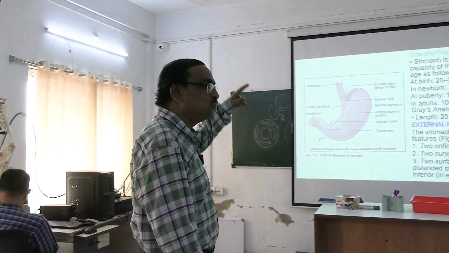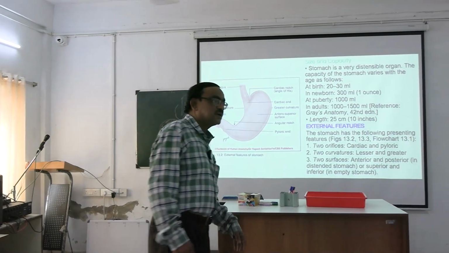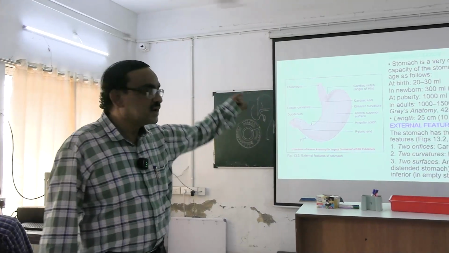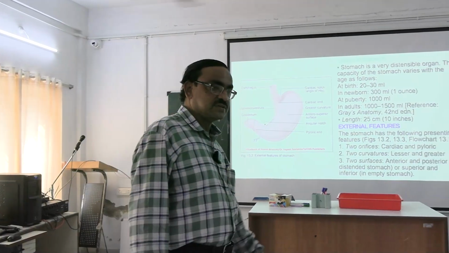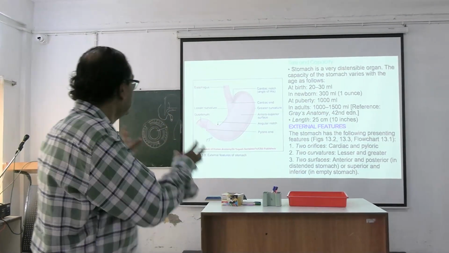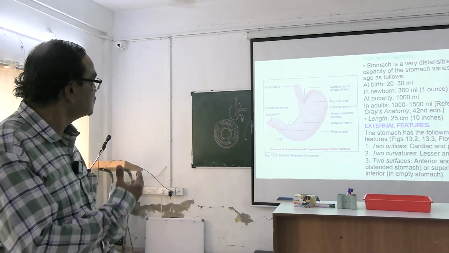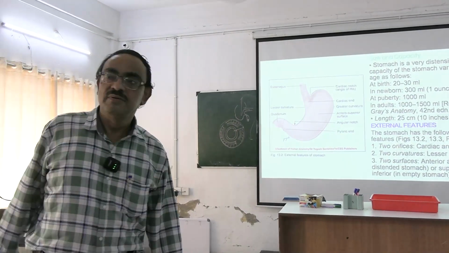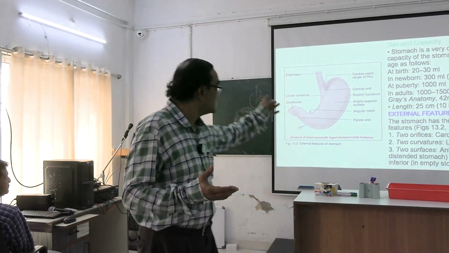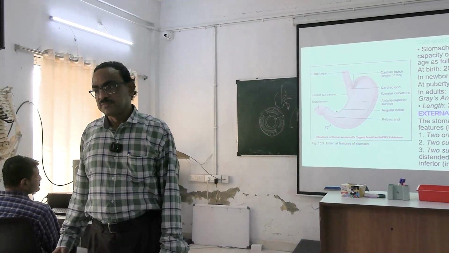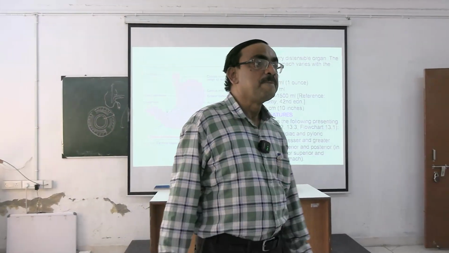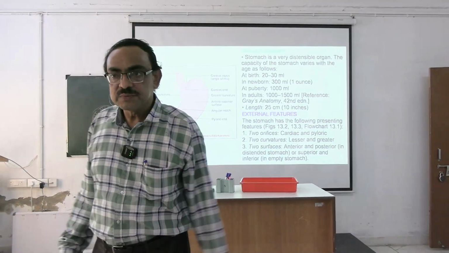It has got 2 borders, one on the right side and one on the left side, that means the lesser curvature and the greater curvature. And again, the surface we are visualizing is the anterior, or when the stomach becomes full, it becomes superior, so that is the antero-superior surface. Similarly, there is a posterior surface or postero-inferior surface, which is not visible here.